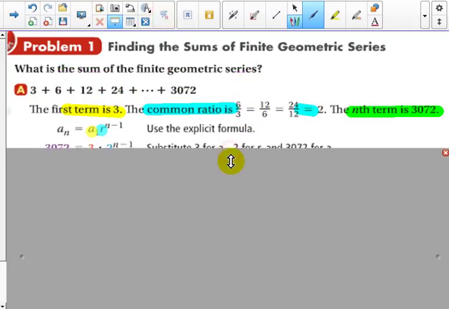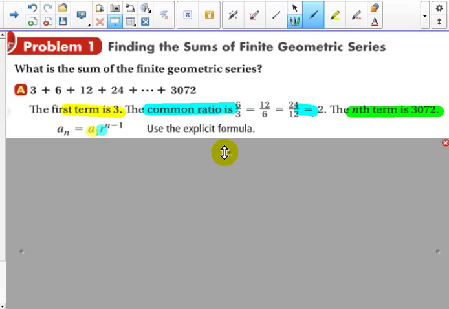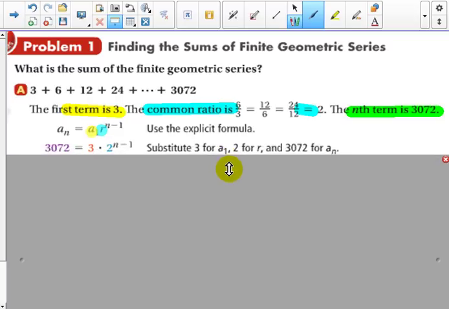So a sub n equals a sub 1 times r to the n minus 1. So there was our explicit formula from a previous lesson. And we know our very last term, a sub n, is 3,072. So substitute that. And then we know our first term is 3, so substitute that.